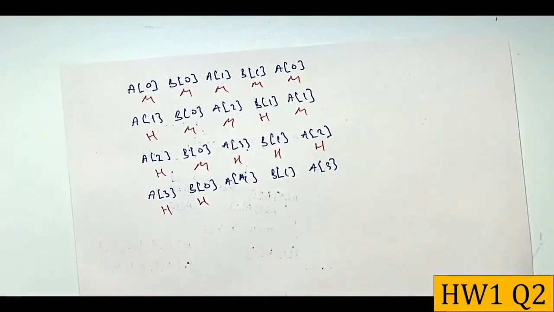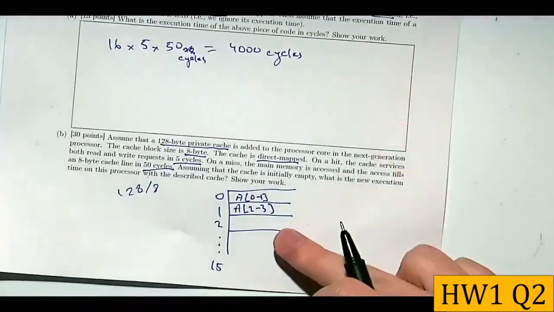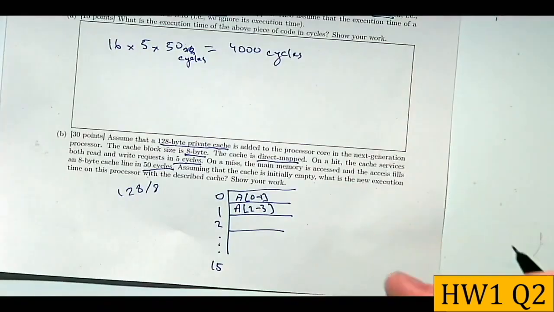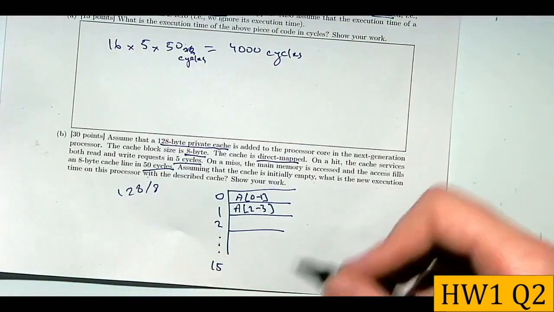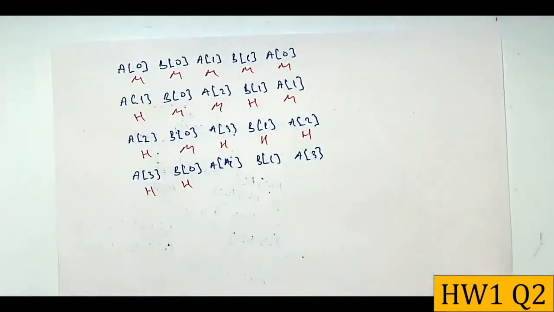So if it's difficult for you to follow what's in the cache, what's not in the cache, you can write it here, what is currently in the cache, and then when you evict something, you can just modify it. But I am not doing it just because I like to save some time. But in the exam, if you think you can make a mistake, you can do it more safely.